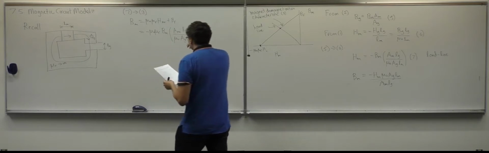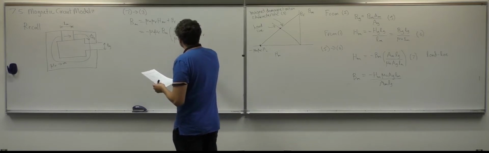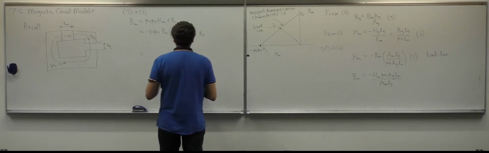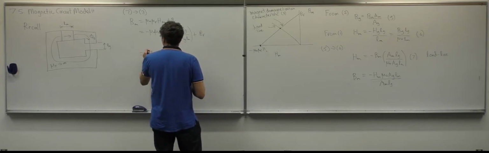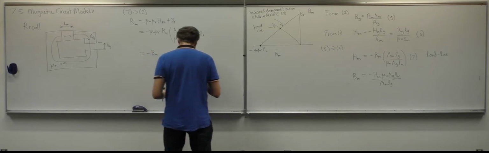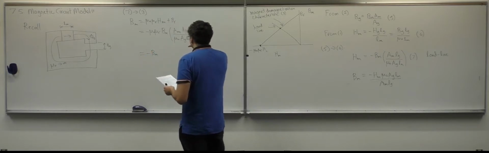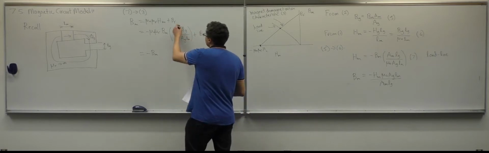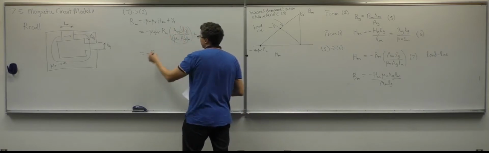Let's just rearrange this. So we could write minus Bm, and then we have an Lg, a mu naught, and Ag. So let's take that bit out.